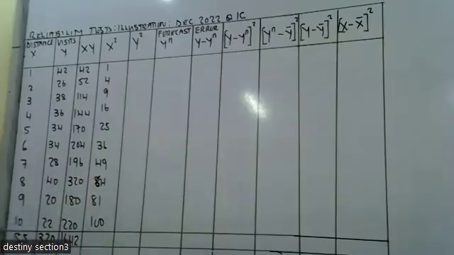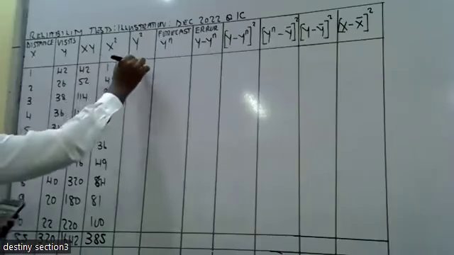So if you have 1 squared plus 2 squared plus 3 squared up to 10 squared, it is giving me 385. Y squared: 42 squared is 1764.